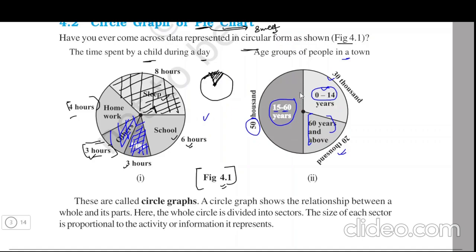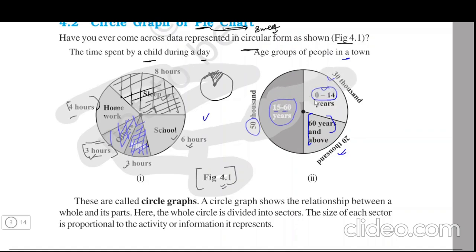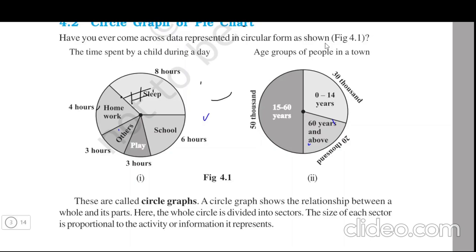So just from looking at the area you can also have some idea. For example, just by looking at the height of bars in a bar chart, you could have guessed which one is going to be higher, which year the sale is maximum, or in which subject a particular student has scored maximum marks. So just by seeing the area of sectors in a pie chart, you can have some idea of what the maximum and minimum or equal proportions are in that categorization.